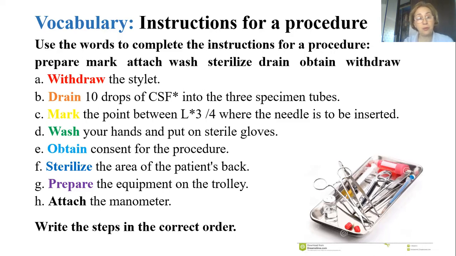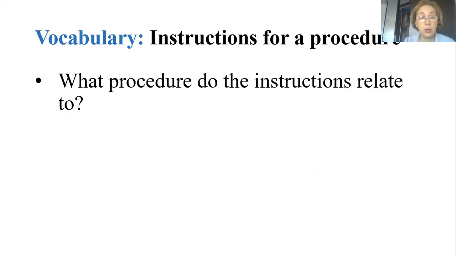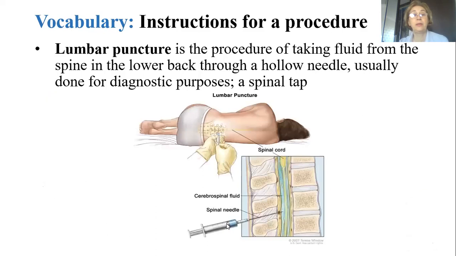And what kind of procedure is described here? What do you think? The instructions to what kind of procedure? For a puncture. Puncture, exactly, you are right. So if we move to the next slide, this is the picture that illustrates these instructions, and this is a lumbar puncture.